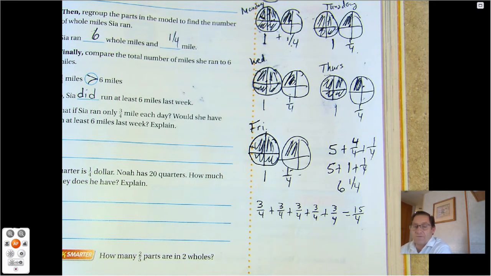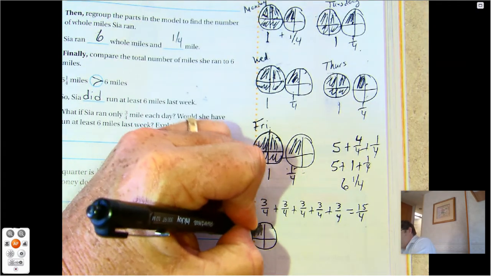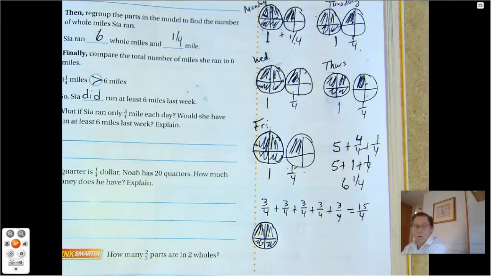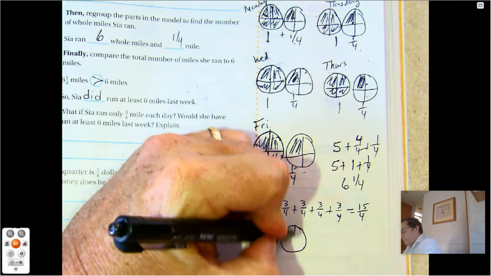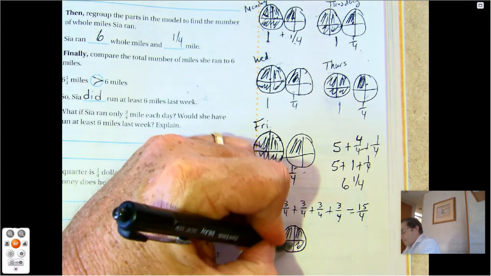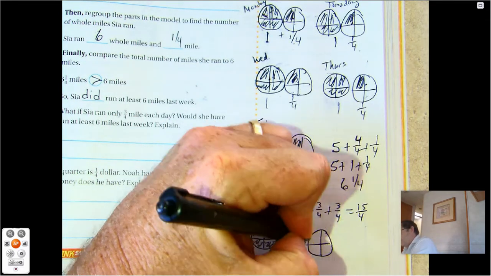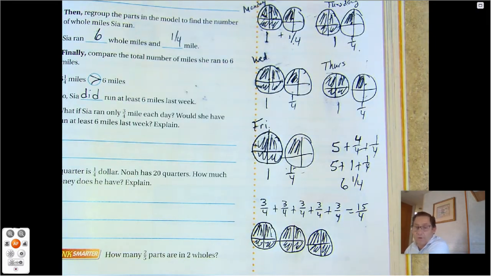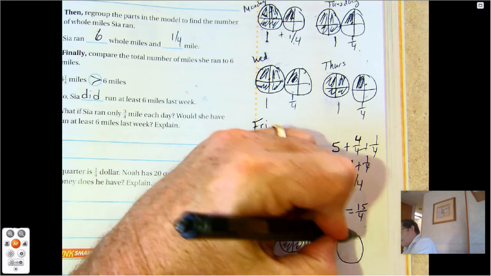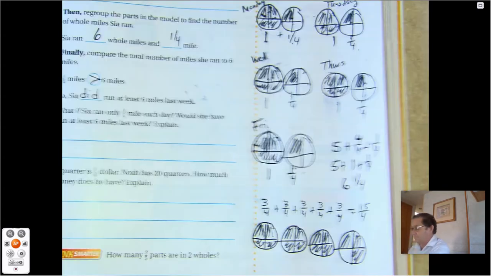Well, let's use our fourths and see how many whole circles we get. All right, so that's 1, and that's 4 circles. I have 4 of the fourths. That's 8 fourths. That's 12 fourths. 13, 14, 15.